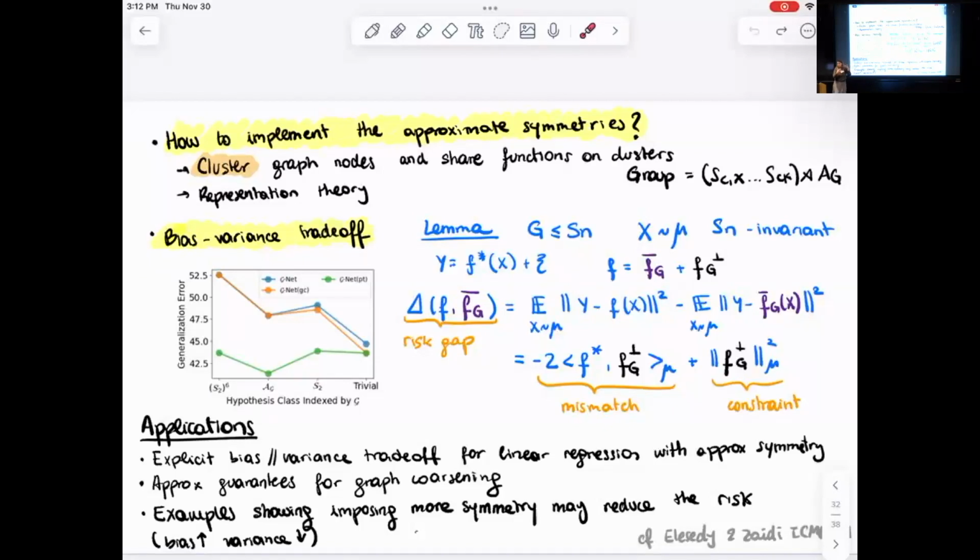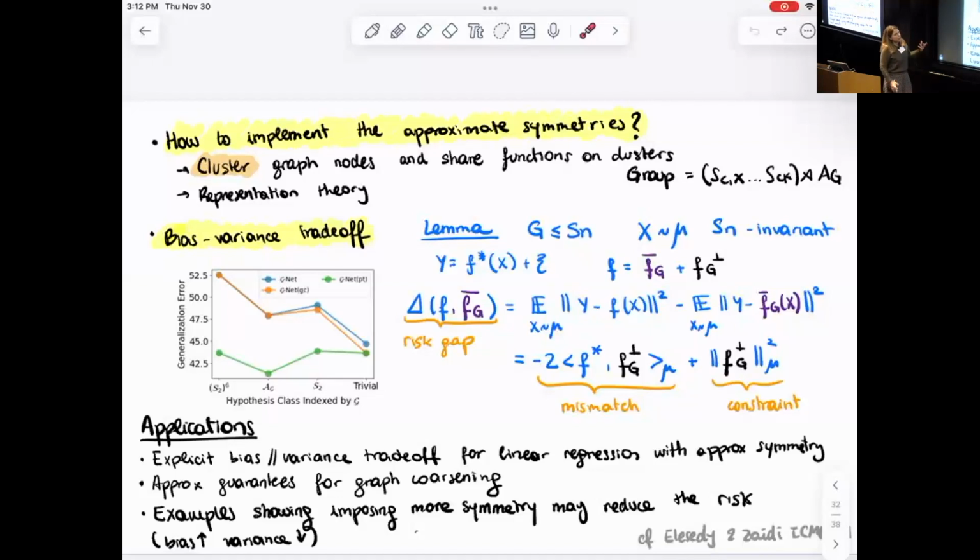And that's some bias-variance trade-off that you can think of in this setting where your graph is fixed, really. So you already know the identification of all the nodes with each other. So maybe that's a symmetry that you didn't need to impose from the beginning.